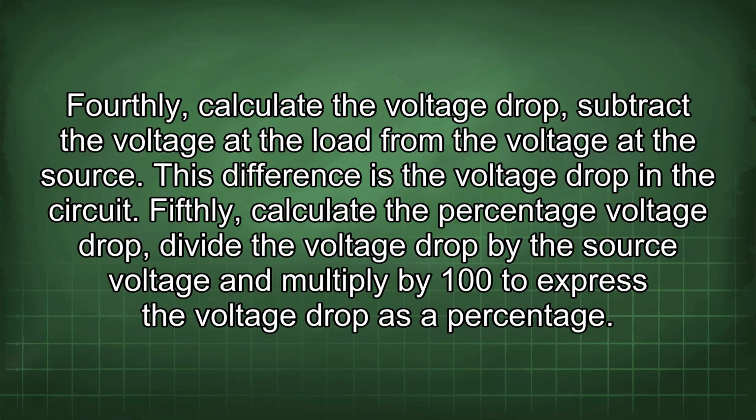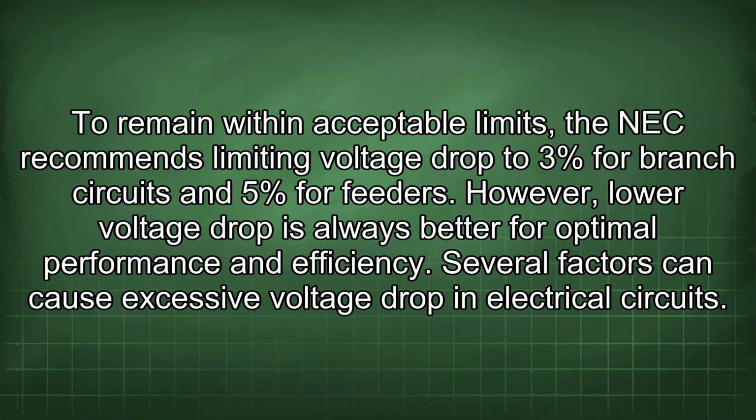Fifthly, calculate the percentage voltage drop. Divide the voltage drop by the source voltage and multiply by 100 to express the voltage drop as a percentage. To remain within acceptable limits, the NEC recommends limiting voltage drop to 3% for branch circuits and 5% for feeders. However, lower voltage drop is always better for optimal performance and efficiency.